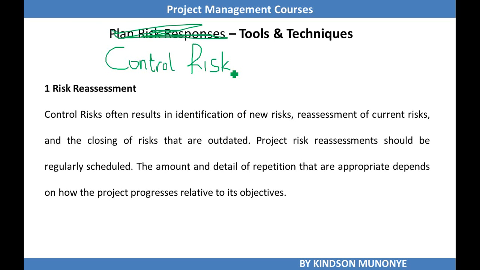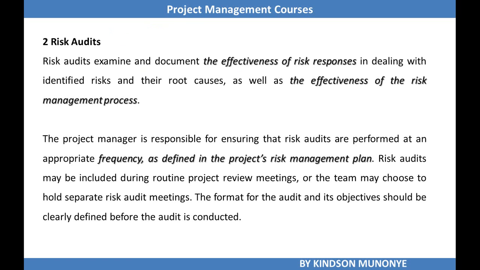So if there is any risk associated with that work activity, it can be outdated. So we're talking about reassessment. Sometimes the amount and detail of repetition that are appropriate depends on how the project progresses relative to its objectives. Another thing we do in control risks is risk audits.